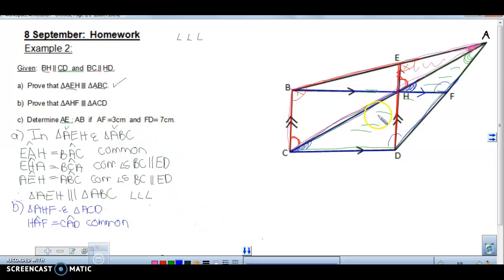Then let's go to the second vertex, which is H there, which is this one. That is angle AHF. Must be equal to, and that's the one that corresponds, ACD.